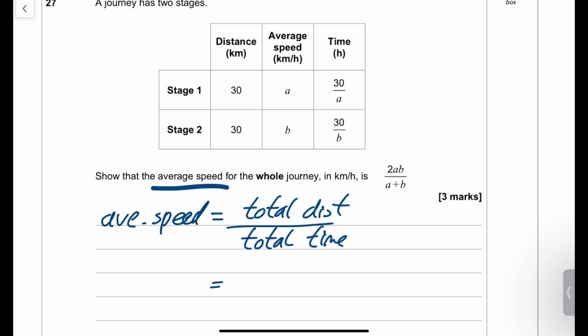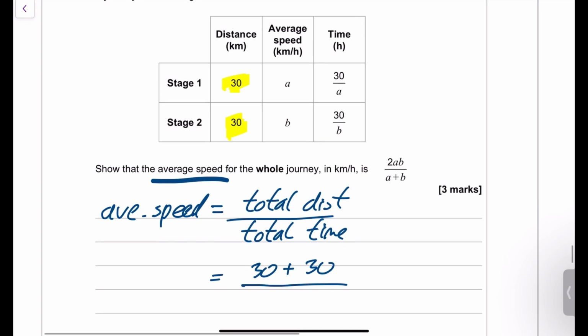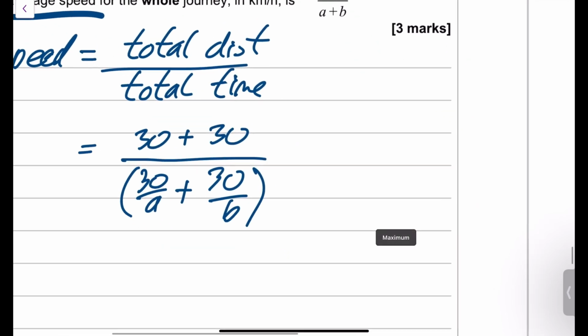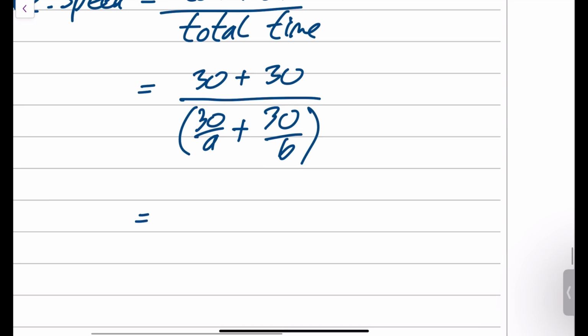So total distance, I'll do my distances in yellow. I've gone 30 and 30 again. So that's just going to be 30 plus 30. And my total time, my times in blue, are going to be 30 over a plus 30 over b. I think it's just a simplifying question now, is it? Let's go for it.